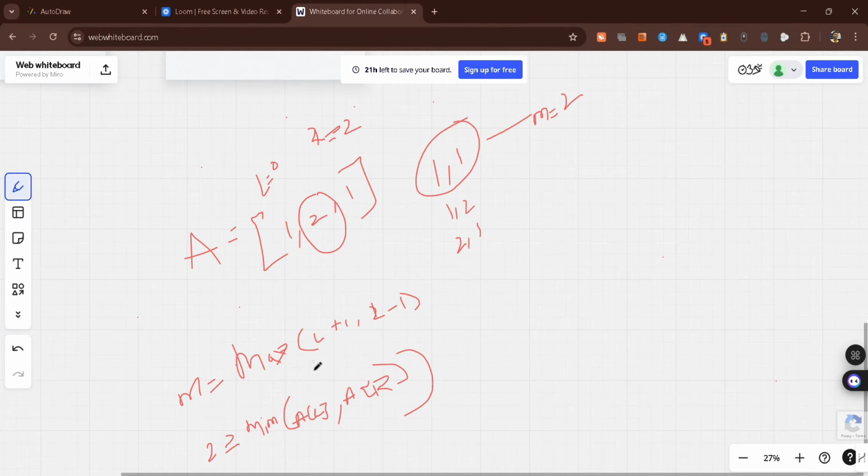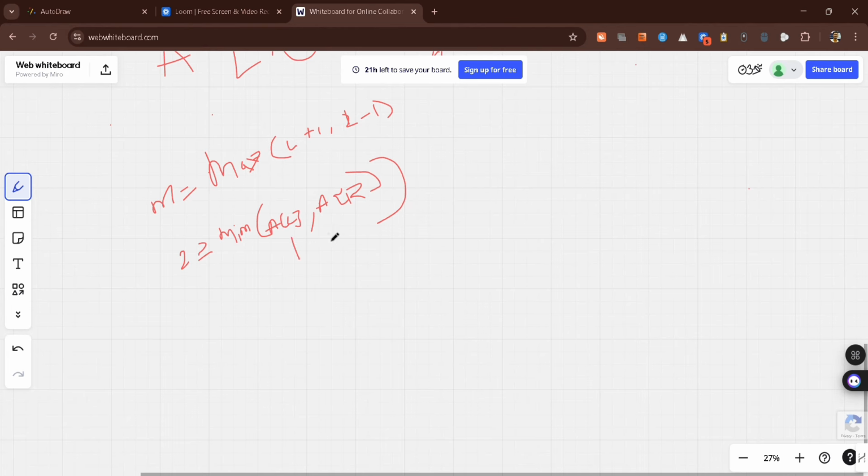So what is a of L? A of L means 1. A of R is also 1. So 1 comma 1, in this the minimum is 1. 2 is greater than or equal to 1. The condition is satisfied, so the condition is true.